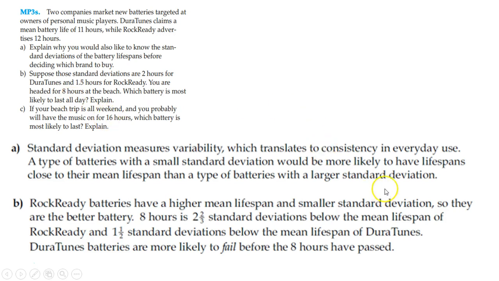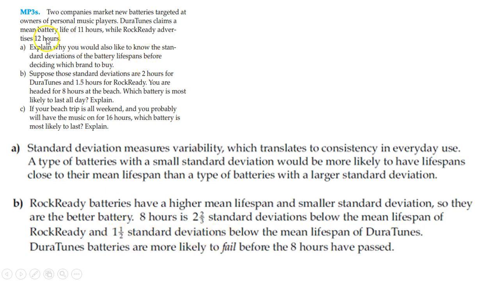If we wanted to find the z-score, we would take 8 minus the 11 hours for theirs, divide that by the standard deviation of 2 hours for Duratunes, and we get 1.5 below the mean.